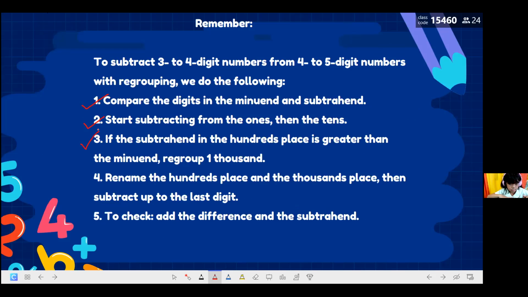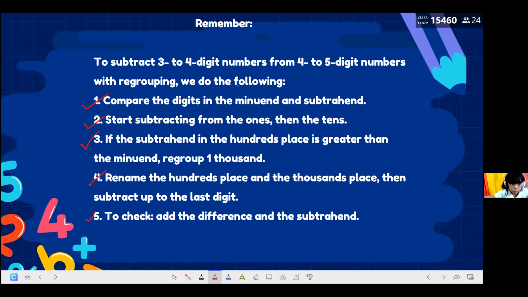Next, if the subtrahend in the hundreds place is greater than the minuend, regroup 1000. Fourth, rename the hundreds place and the thousands place, then subtract up to the last digit until you find the difference. Number five, to check, add the difference and the subtrahend.